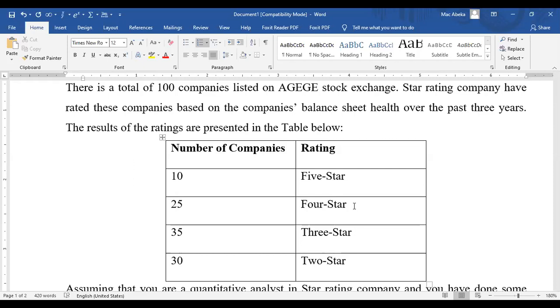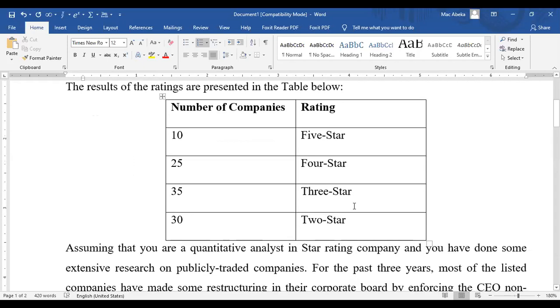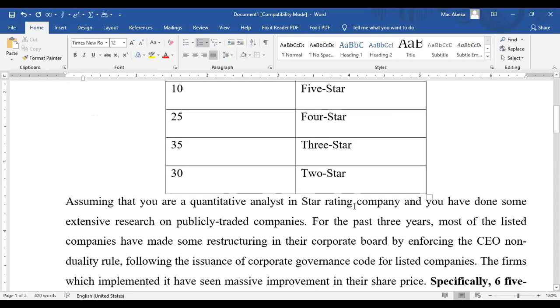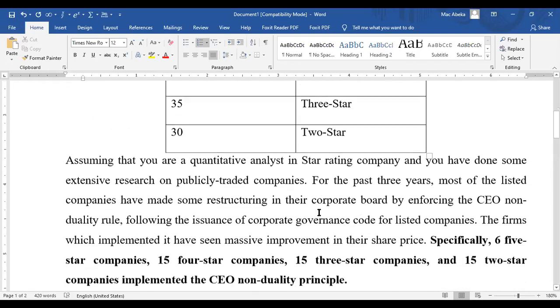Per the table here, 25 of them are 4-star companies, 35 of them are 3-star companies, and 30 of them are 2-star companies. Then the question says that assuming that you are a quantitative analyst in Star Rating Company and you have done some extensive research on publicly traded companies, for the past 3 years, most of the companies have made some restructuring in their corporate board by enforcing the CEO non-duality rule, following the issuance of corporate governance code for listed companies.